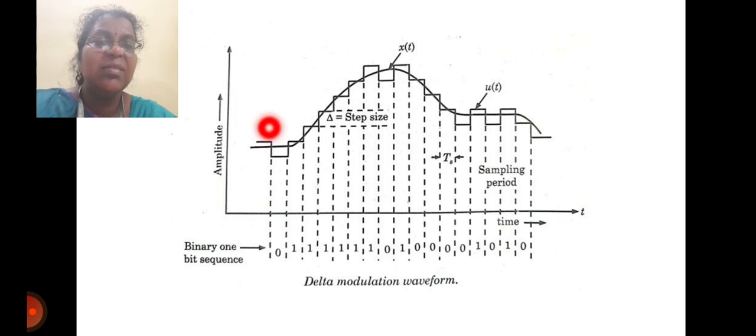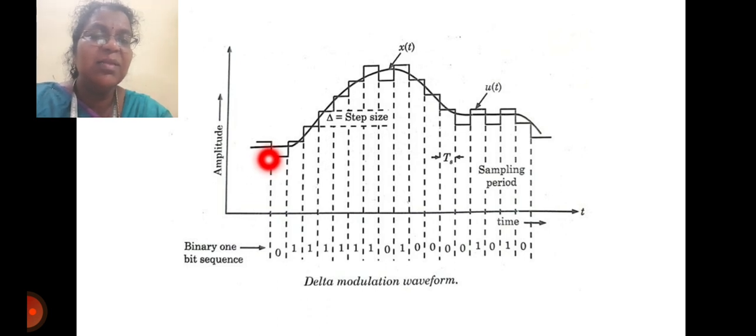Here x of t represents an analog signal which is to be modulated, and a reference signal, a staircase approximated signal, is used. At this instant the message is less than the staircase approximated signal, therefore the step size is reduced by del. At this instant the message is higher than the approximated signal, therefore the step size is increased by del.